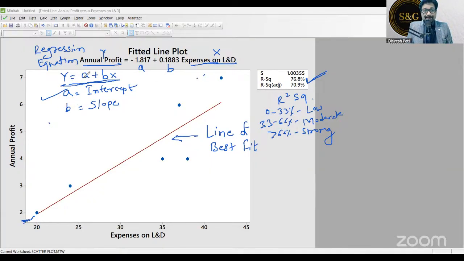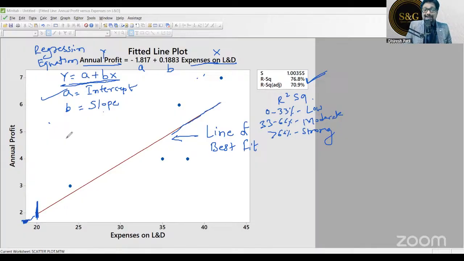Now, what is intercept? If this is a line of best fit, this red line, now if I extend this red line, you see this red line is stopping at this point, correct? If it had continued, it would have intersected this point on the y-axis.